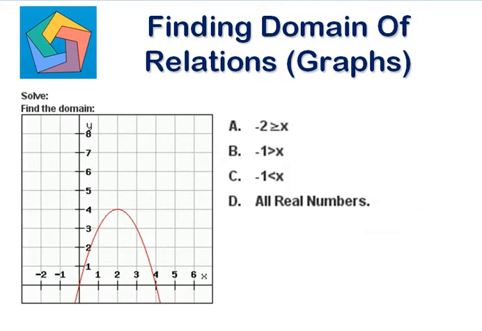Find the domain. You can see a graph here, a quadratic graph. X-intercepts are given by 0 and 4 here. And you can see the graph is moving on and on.